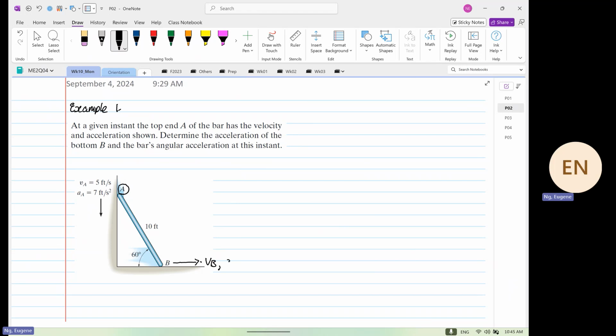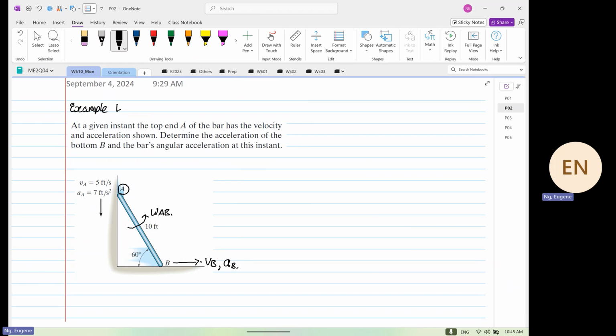And likewise, we have an acceleration of point B. So from here, how will this member AB rotate? We know that it's going to rotate in this direction. So this is our omega AB.